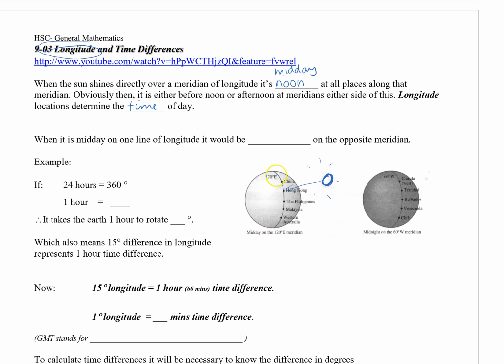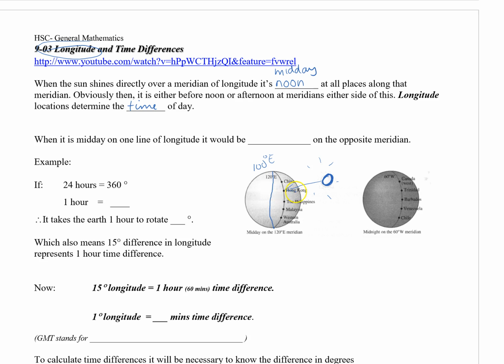So we get to see that the line of longitude actually determines the time. The line of longitude on this side of 120 east, let's say at 100 degrees east, is sometime in the morning. The earth hasn't rotated far enough yet. The sun's not directly over them.